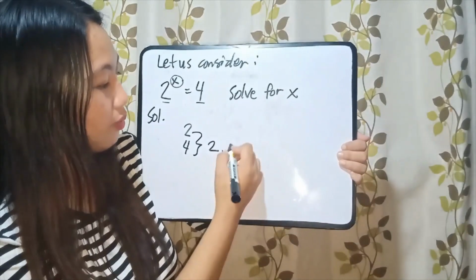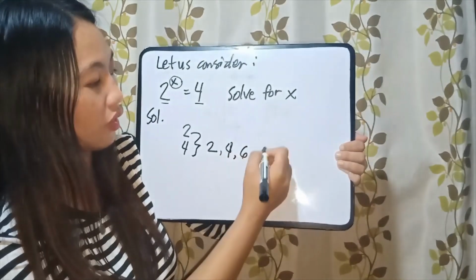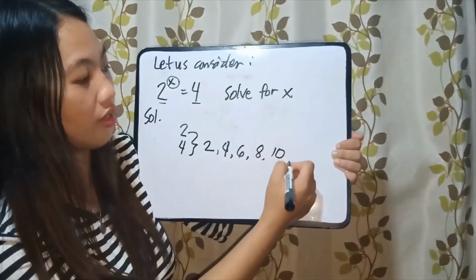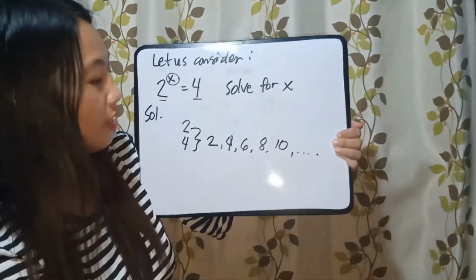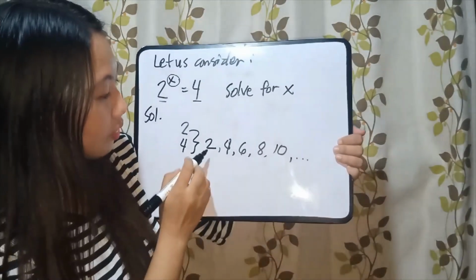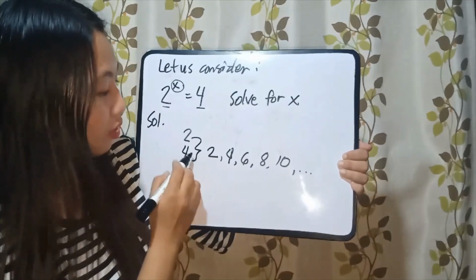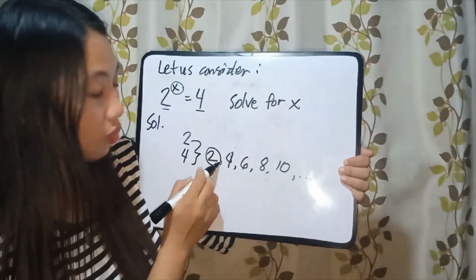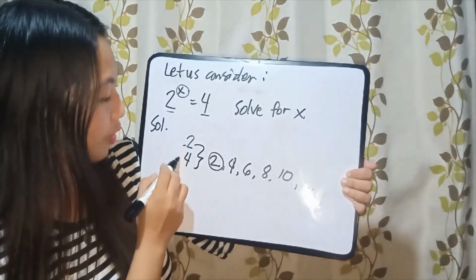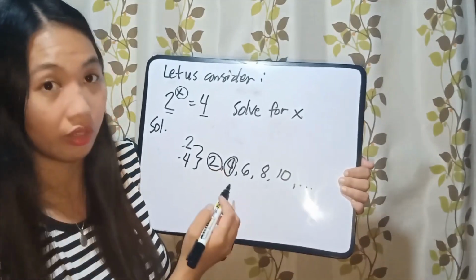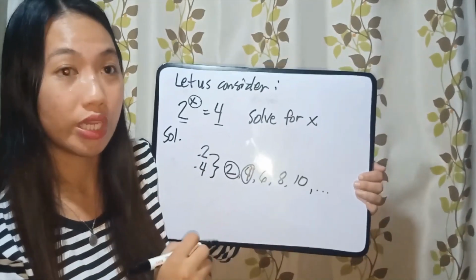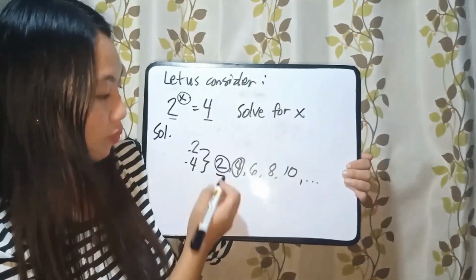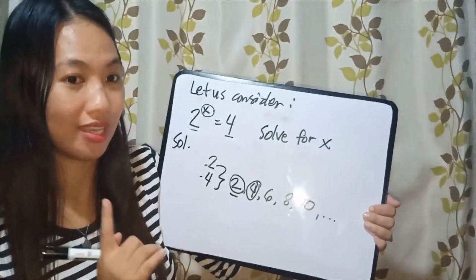So we have 2, 4, 6, 8, 10, and so on. Okay? So in here, the least common multiple is 2. Why? Because 2 and 4 can be found here. The lowest number that we can acquire is 2. So therefore, our base is 2.